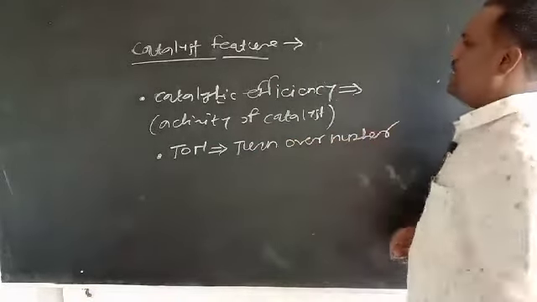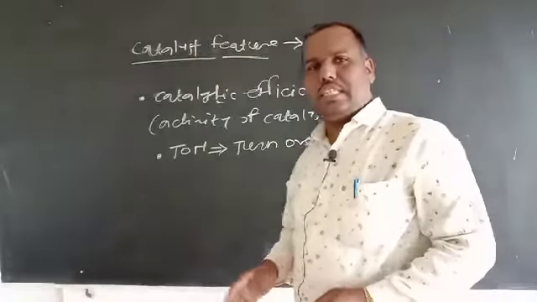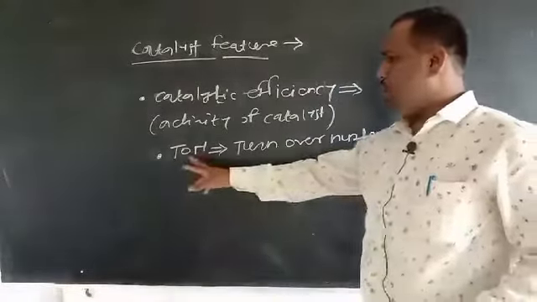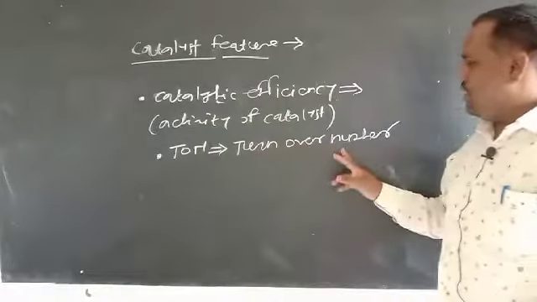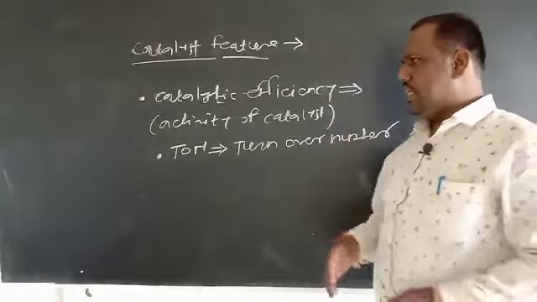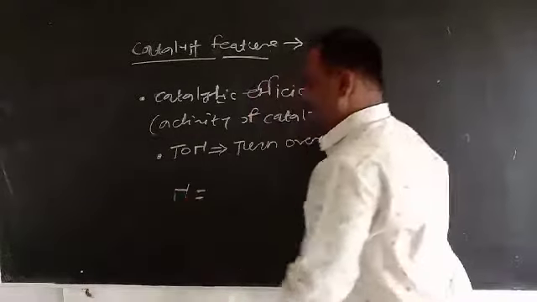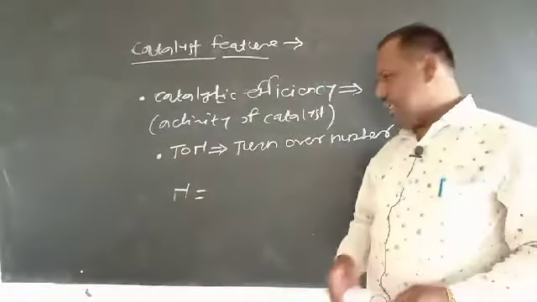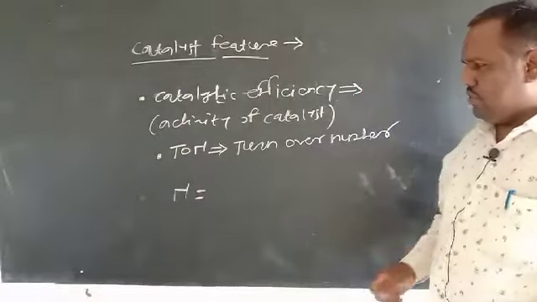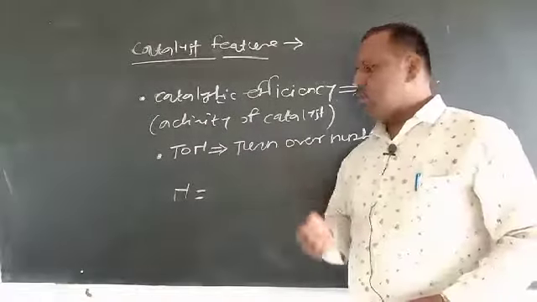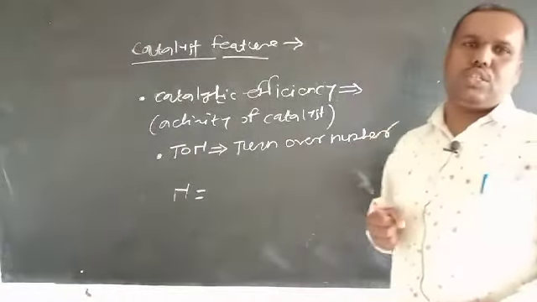The catalytic efficiency of any catalyst is expressed in terms of TON, that is turnover number or turnover frequency, it is denoted by symbol capital N, and it is the ratio of the number of product molecules formed to the concentration of catalyst.